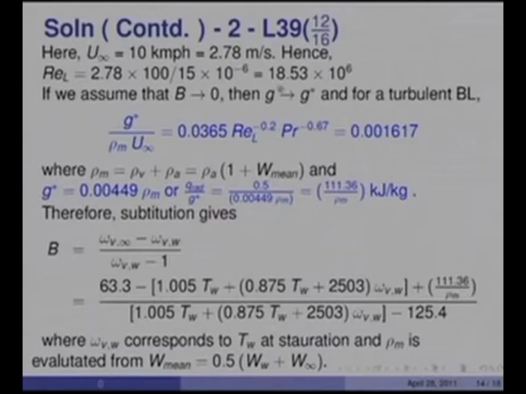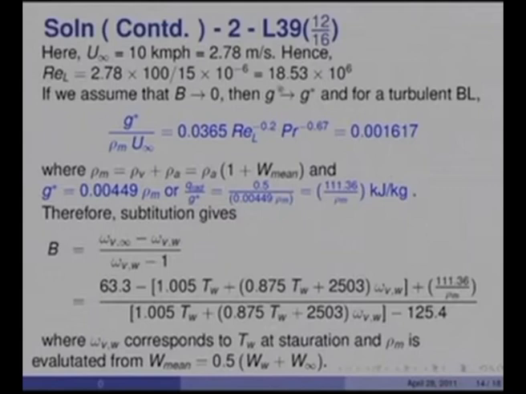So, G star becomes 0.00449 into rho m, and Q rad over G star is 0.5 divided by 0.00449. Q rad is 500 watts, which is 0.5 kilowatts, divided by rho m, and therefore, this will be 111.36 divided by rho m kilojoules per kg.